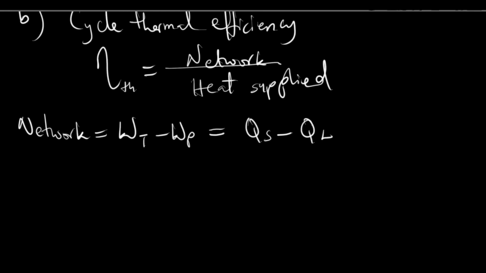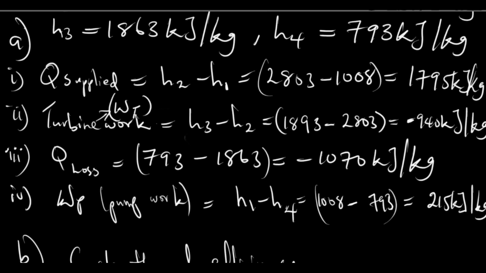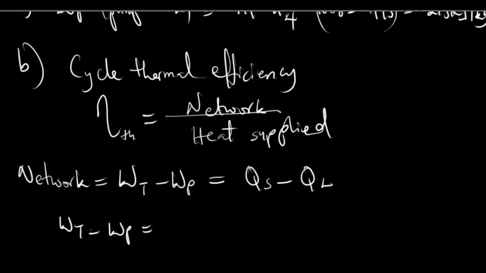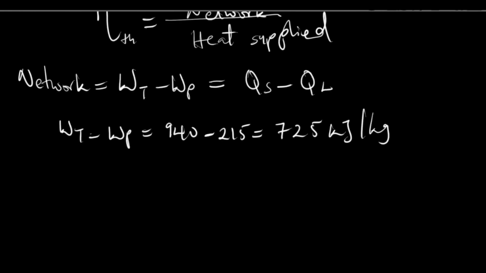Wt minus Wp is none other than our turbine work, the magnitude of minus 940 is 940, minus Wp 215. That will give us 725 kilojoule per kilogram. Punch that on your calculator.